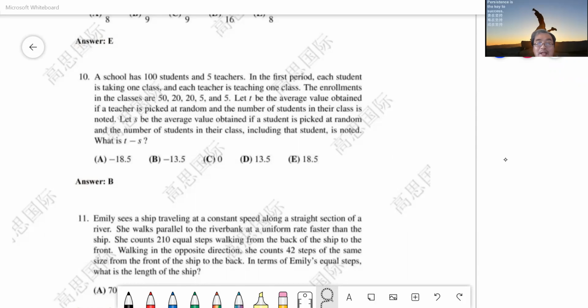Let T be the average value obtained if a teacher is picked at random and the number of students in their class is noted. Let S be the average value obtained if a student is picked at random and the number of students in their class, including that student, is noted. What is T minus S?